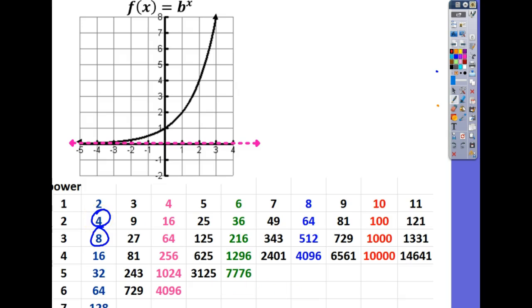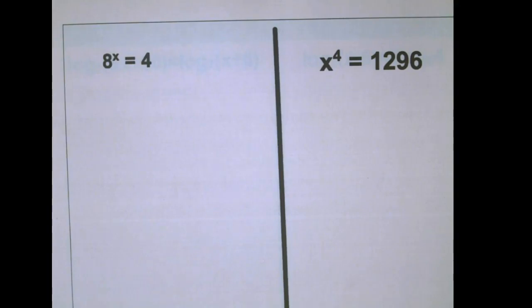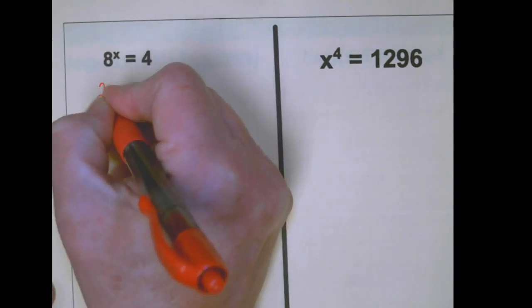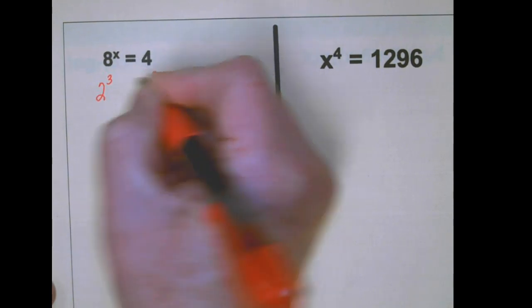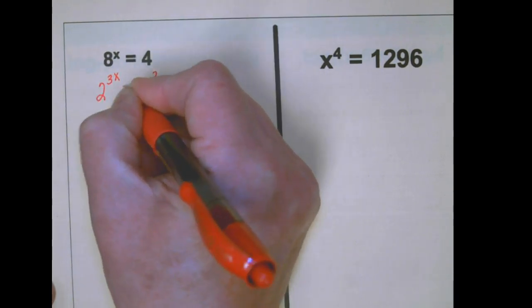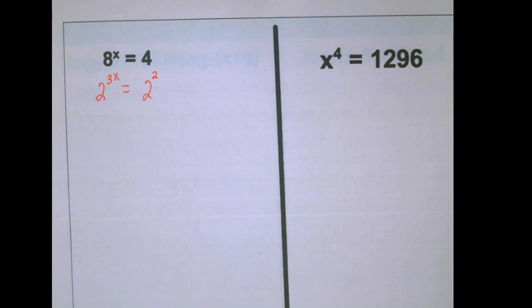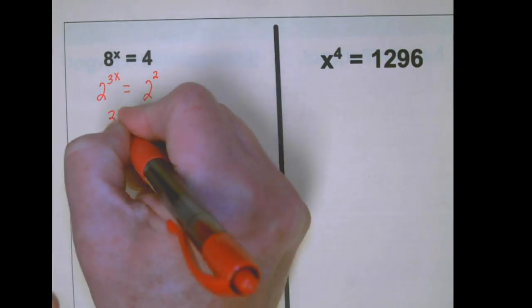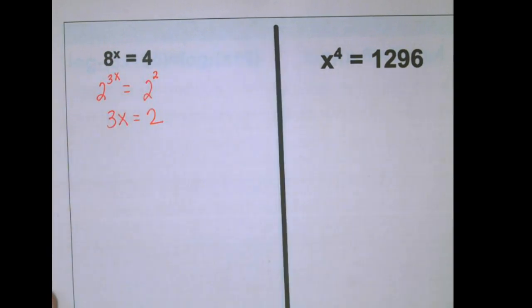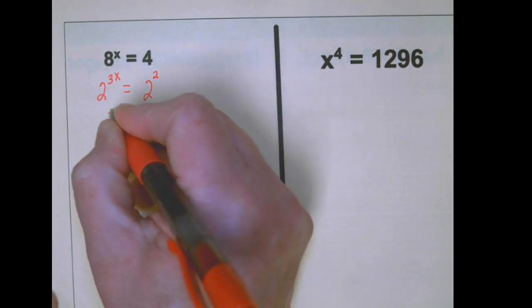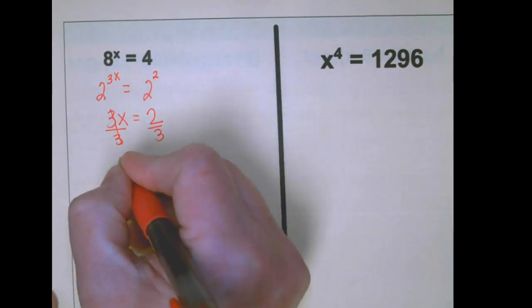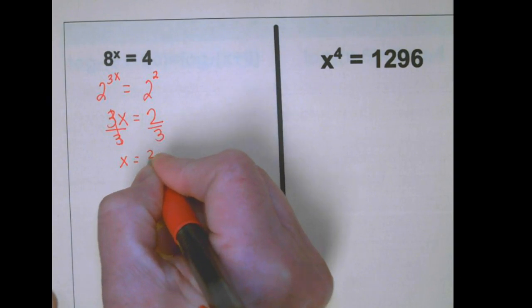And so we are going to change this problem to base 2. 8 is 2 to the 3rd power. 4 is 2 to the 2nd power. This has an x. The bases are equal, so that must mean the exponents are equal also. Divide by 3, and x equals 2/3.